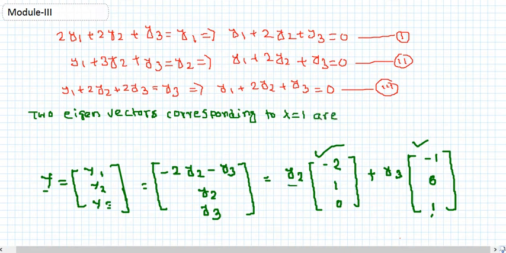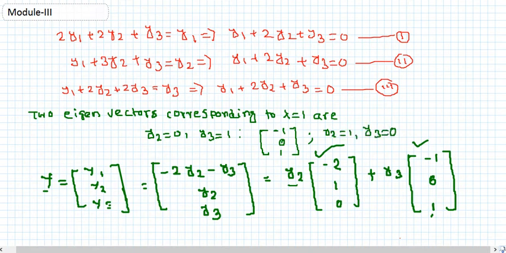We put y2 equals 0 and y3 equals 1. By putting in particular values, we get the eigenvector (-1, 0, 1). And for another one, we put y2 equals 1 and y3 equals 0.